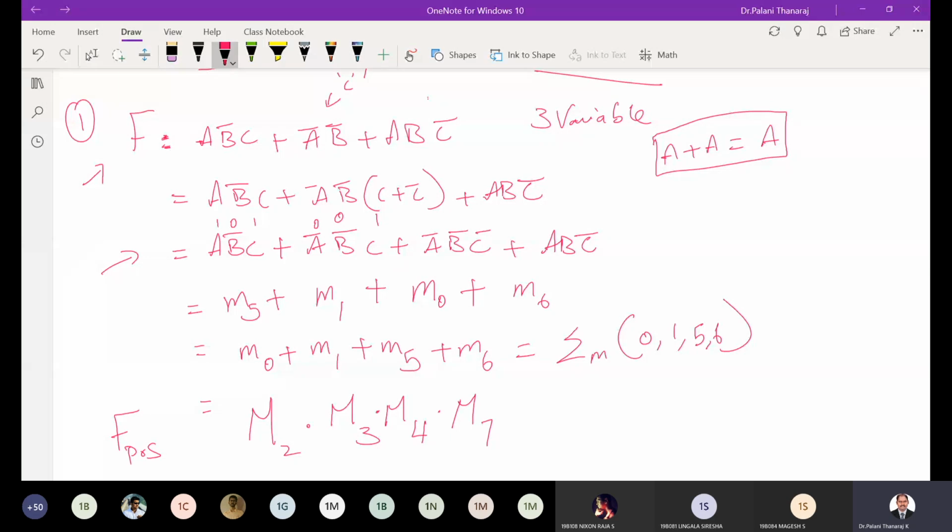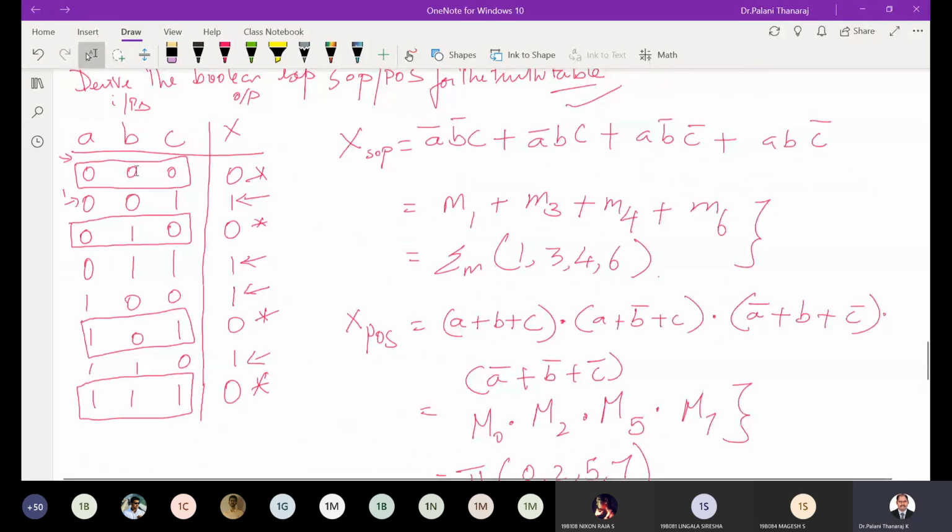See, the trick is we are having three variables, and if it is three variables, what is the maximum number I can have? 7, right? We have seen this table.